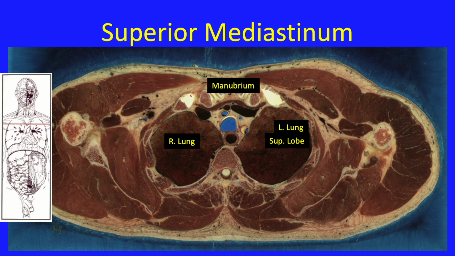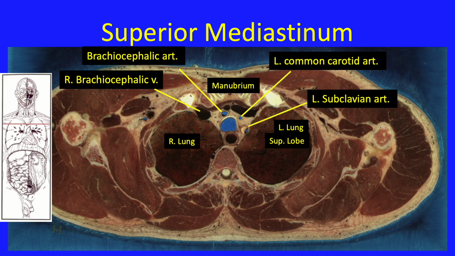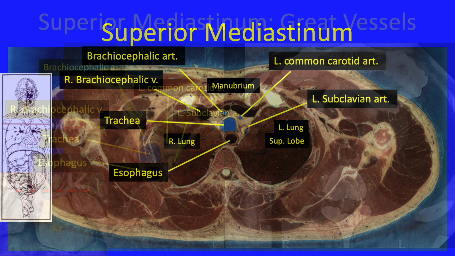First, we encounter the venous plane, and we label the right brachiocephalic vein. Posterior to the venous plane, we had the arterial plane. Remember these? The brachiocephalic, the left common carotid, and the left subclavian artery. Behind the arterial plane is the trachea, and posterior to the trachea is the esophagus.